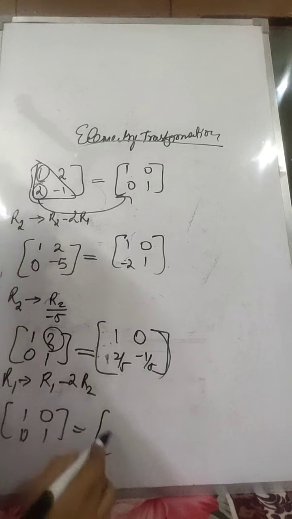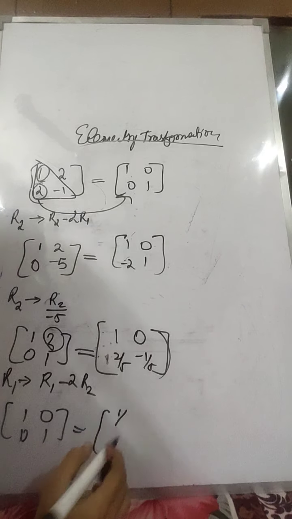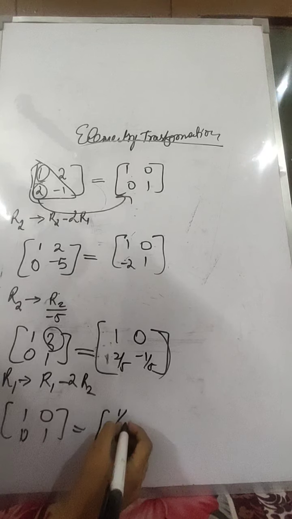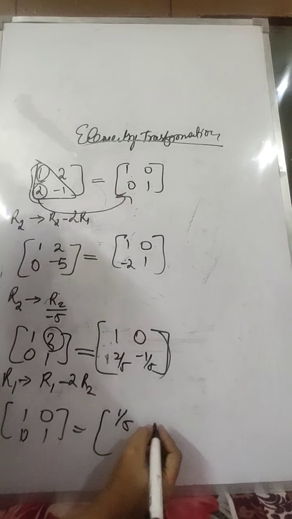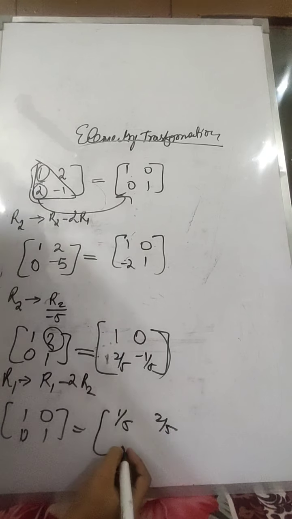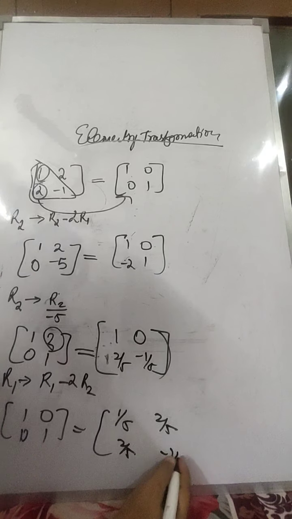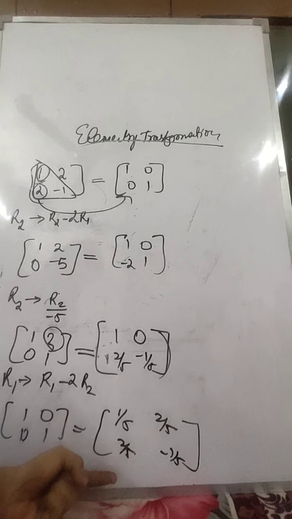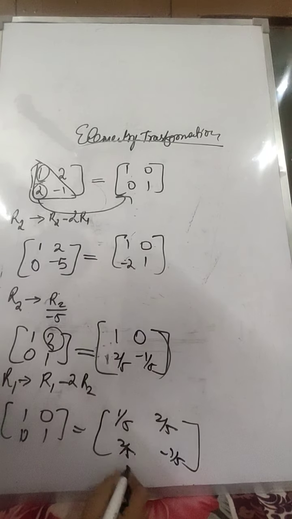Now this side it will be 1 by 5, 2 by 5, 2 by 5, and this will be minus 1 by 5. So this is my final inverse matrix. So this will be equal to A inverse.